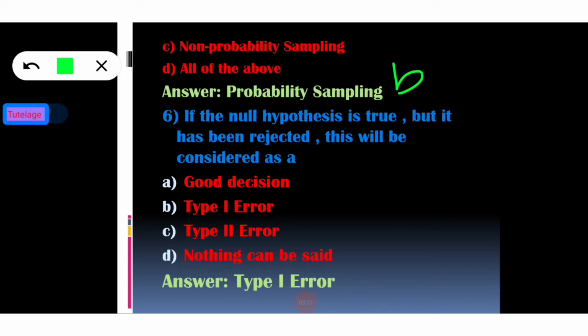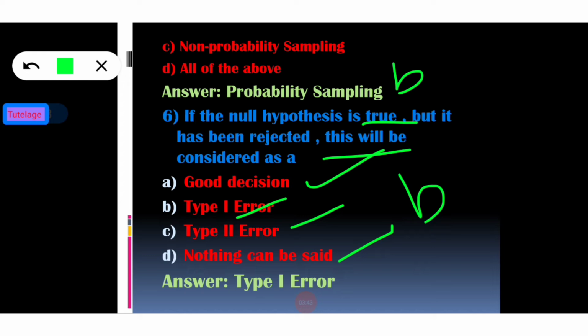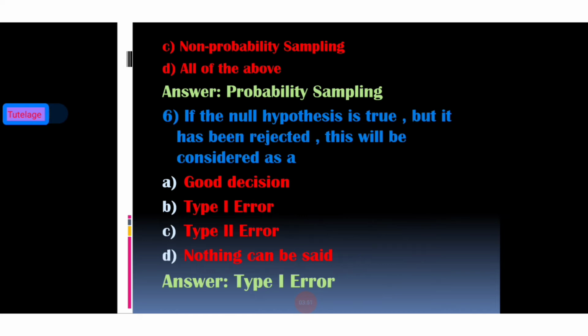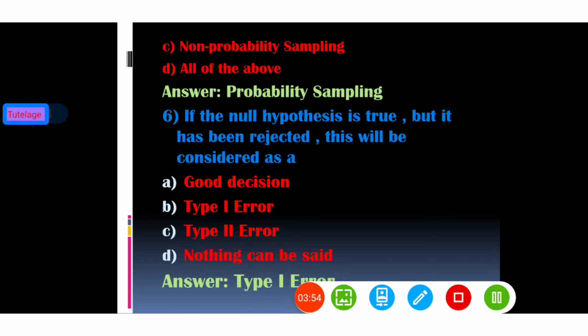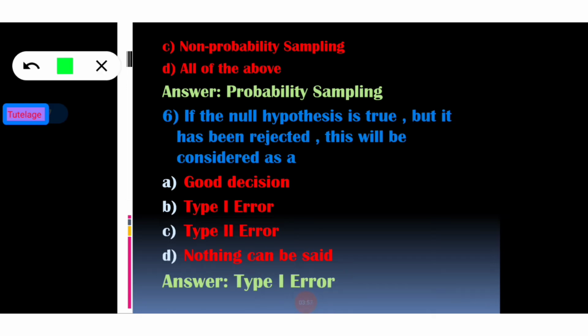Now move on to the next question, that is, if the null hypothesis is true but it has been rejected, this will be considered as a good decision, type 1 error, type 2 error, or nothing can be said. Obviously option number B, that is type 1 error, is the correct answer, because type 1 error indicates the null hypothesis is true. We have already told in my previous session, the null hypothesis indicates there is no relationship between two or more variables, and in statistics the null hypothesis is indicated by H naught.